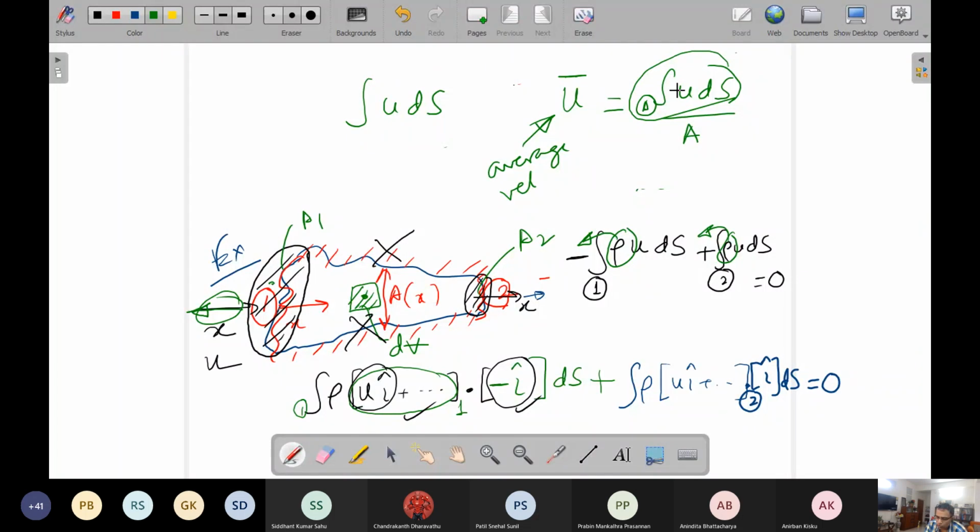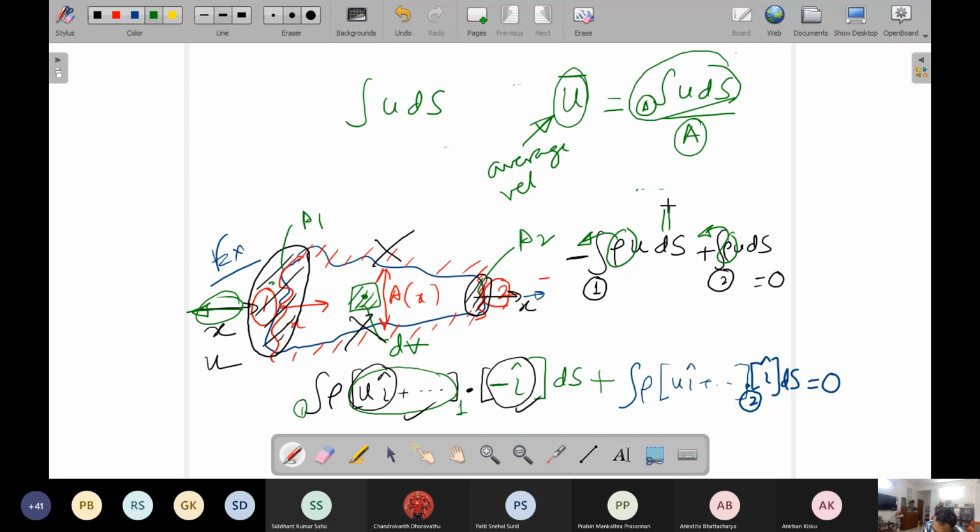Now, had the u not varied over the cross section but been uniform, then the flow rate would simply be that equivalent uniform velocity, not varying with the cross section, times the area. So that equivalent uniform velocity is called the average velocity in a physical sense. So in place of integral u dS, you can write u average into A.